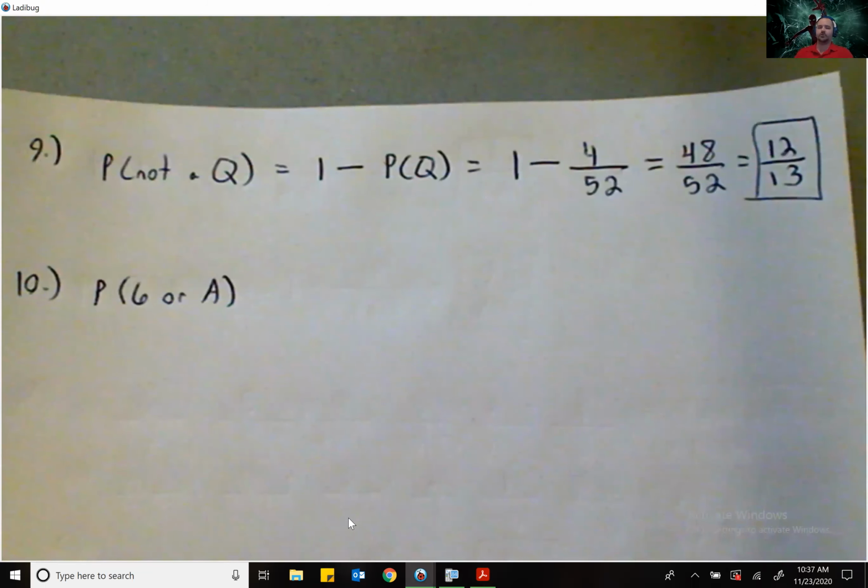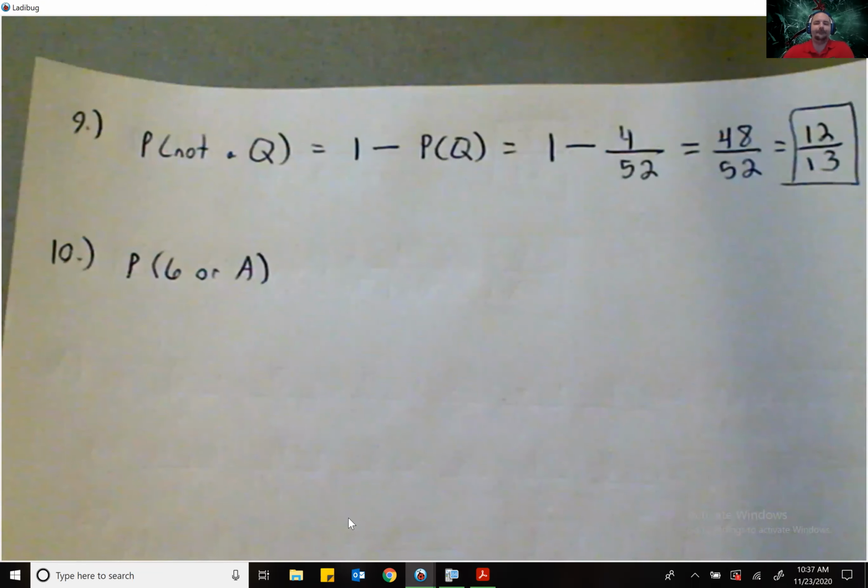So remember with ORs, you have to know what the situation is first. Remember, ORs are all about mutually exclusive or not mutually exclusive. Mutually exclusive means they cannot happen at the same time. So if I draw a card, is it ever possible that I draw a card and I get a 6 of aces?